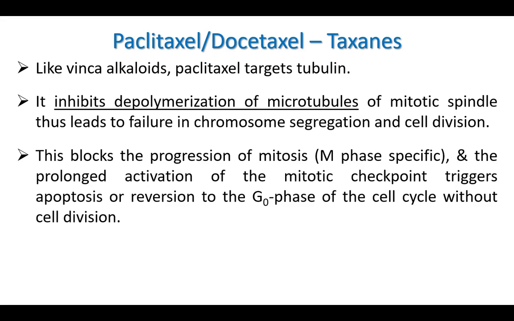If there are any problems, then the cell can go into either cell cycle arrest, G0 phase, or it can go into apoptosis, to make sure that those problems are not propagated into the future generation of cells. Otherwise, if those checkpoints fail, then cancer develops. So that's the problem. When you are giving chemotherapy, that's what you're doing. Because of this problem, the checkpoint triggers apoptosis, and the cells go into apoptosis. So obviously those cells which are rapidly dividing will face this problem.